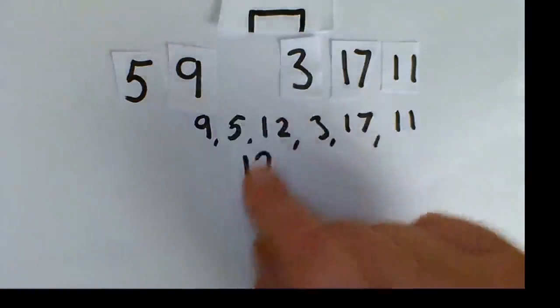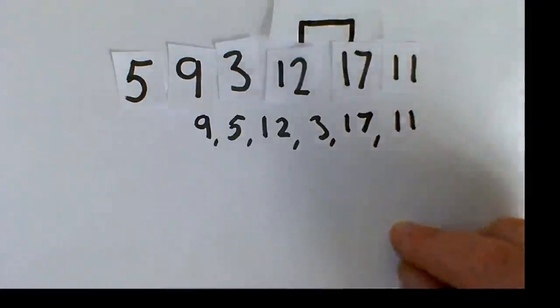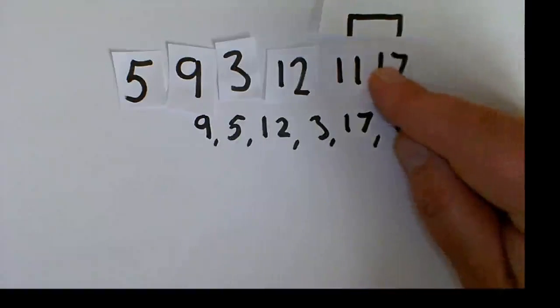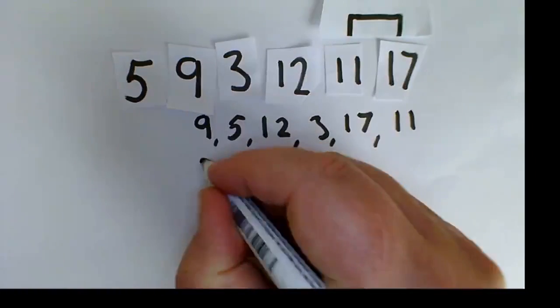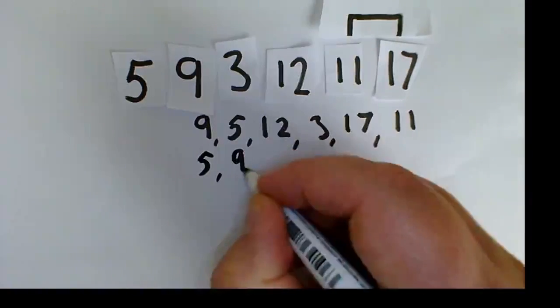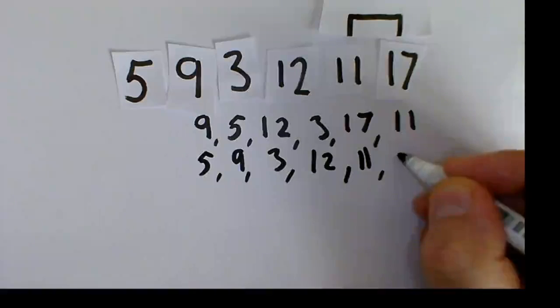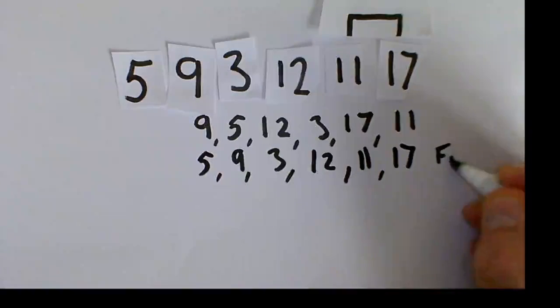That's in the wrong order, swap. That's in the correct order, don't swap. And the last one is in the wrong order, so we can swap. Now we've got a new list of numbers. Let's just write those down. We've got 5, 9, 3, 12, 11 and 17. And that's called the first pass.